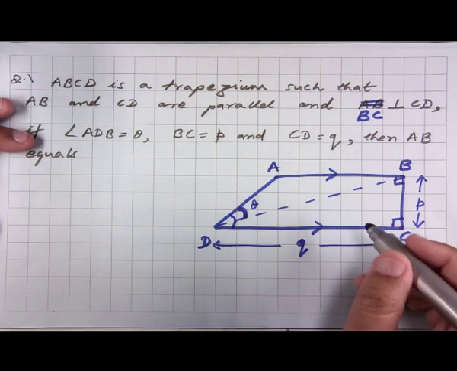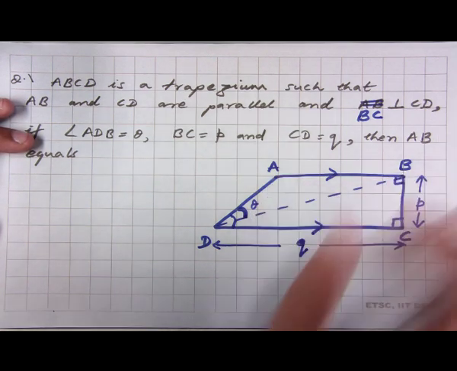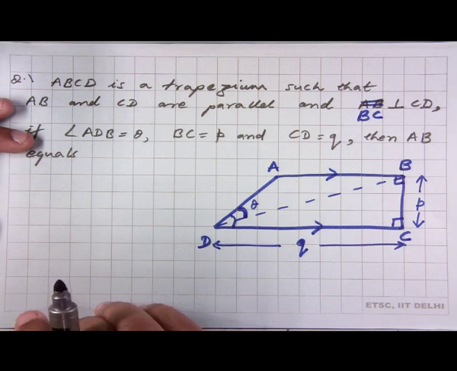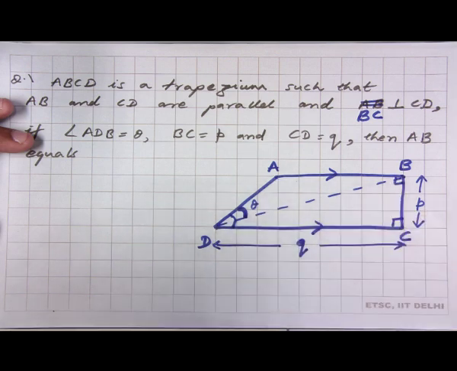So, immediately the first thing that we have to find is the value of AB, and AB happens to be the side of this triangle ADB.